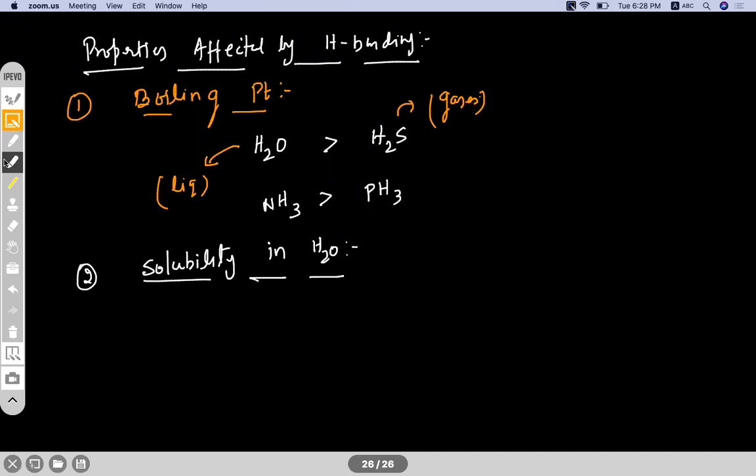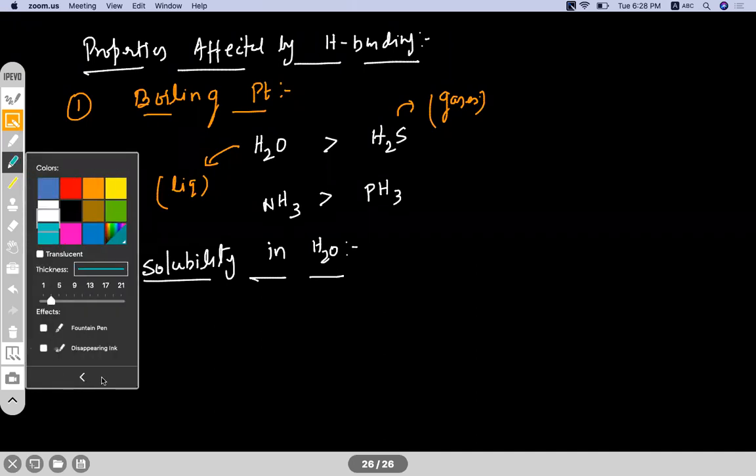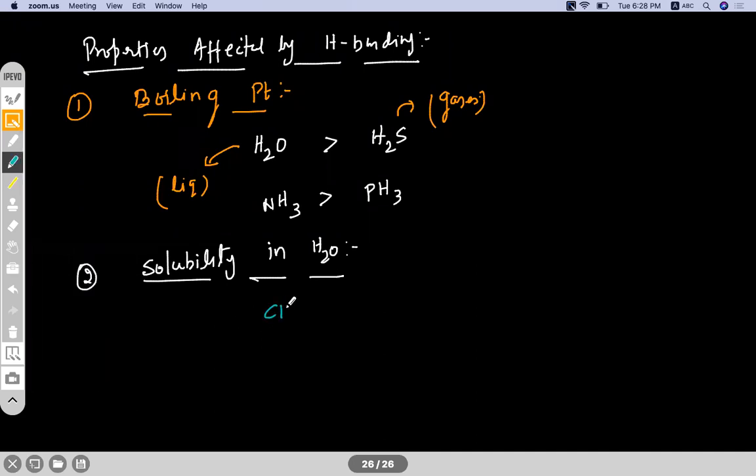Like you see, CH4, there's no electronegativity difference, can't form hydrogen bonding, is insoluble in water. But if you talk about alcohol, CH3OH, this is soluble in water.